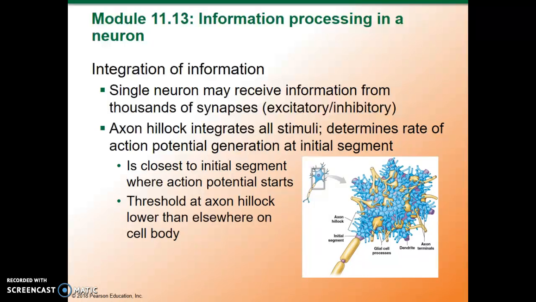All of these are either excitatory or inhibitory, and the neurotransmitters released are either excitatory or inhibitory. So the axon hillock integrates everything, and it determines the rate of the action potential generation at that initial segment. So it integrates all this information coming in from possibly thousands of different neurons.